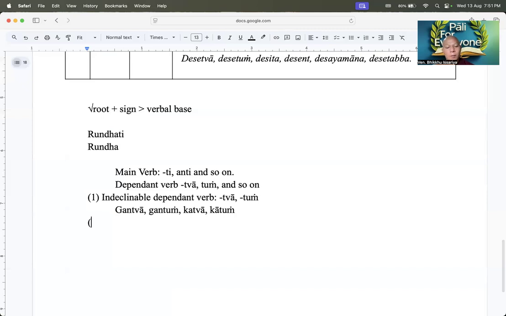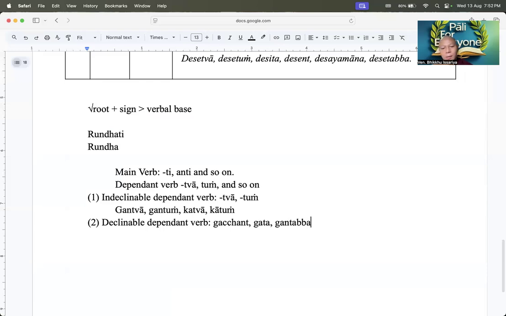But the other one is the declinable dependent verb. Even though they are partially verbs, they can be changed, like gachan, and then gada and ganda ba, and so on.